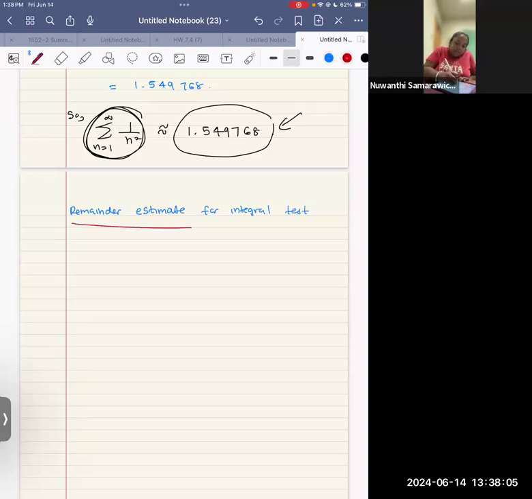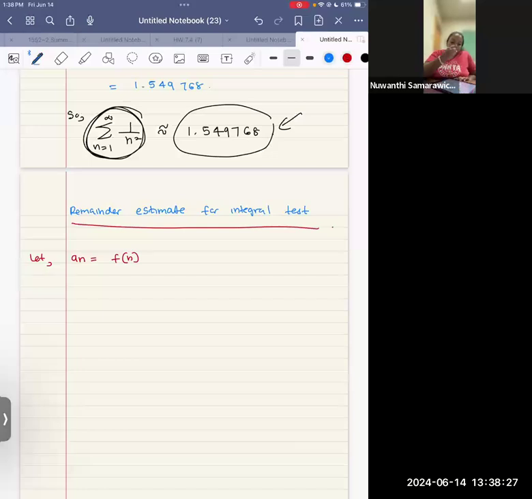In the beginning of the class, we said that the nth term of a sequence, we can write as a function, f at n, because a sequence term is always a function at n.